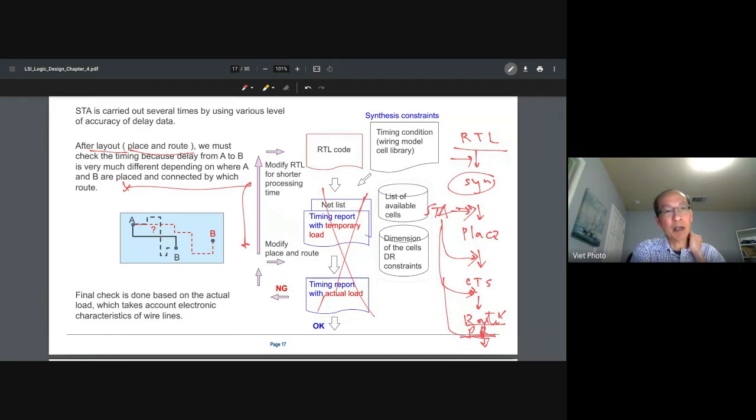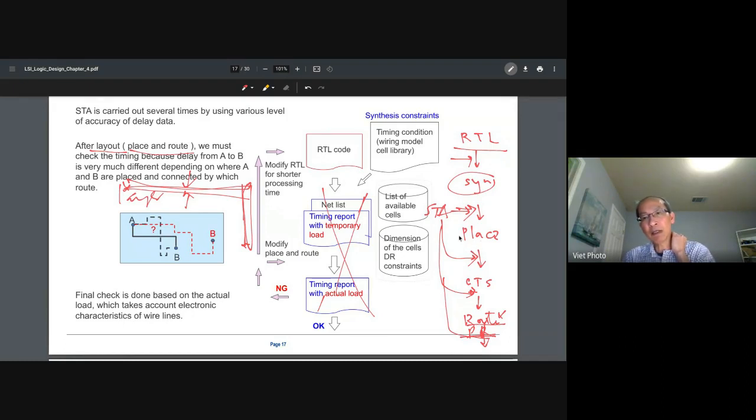The length is correct, but what we don't know is the width of this wire and what layer it is on. Because resistance and capacitance differ from layer to layer, the only thing you know after placement is the length. So the accuracy is better than before, but still not that high.